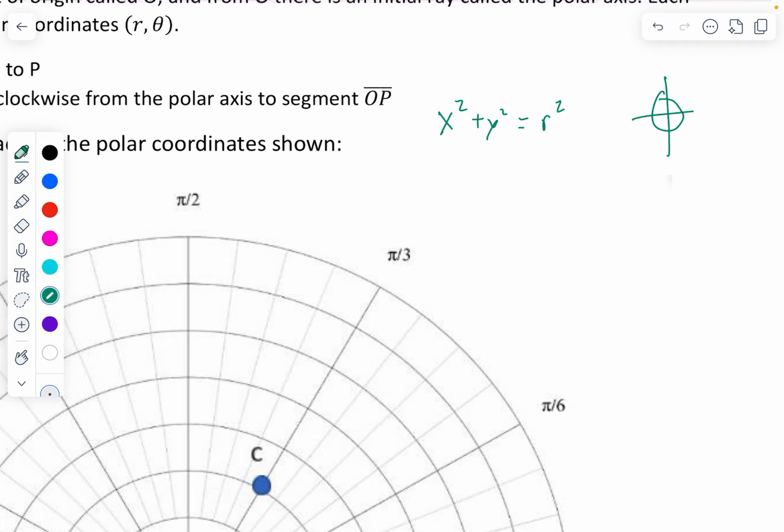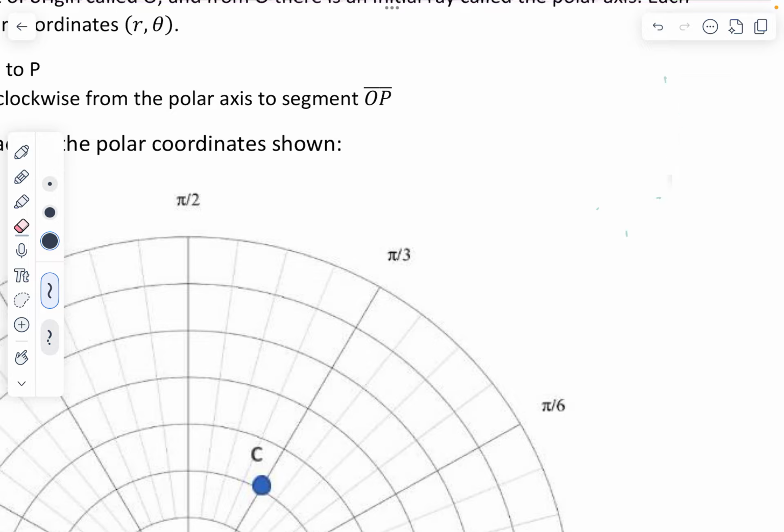In polar, instead of having to write all that out, it could simply be denoted as r equals a certain value. So r equals 3 gives us a circle with radius 3, as opposed to rectangular, where it would be x squared plus y squared equals 9. Both of those equations represent the same thing, but it's much easier to write in terms of polar than rectangular.